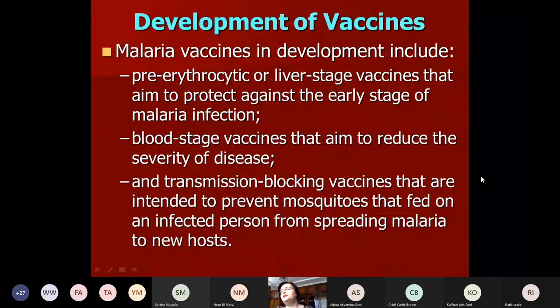Also, maybe the best way of stopping malaria will be developing the vaccine.